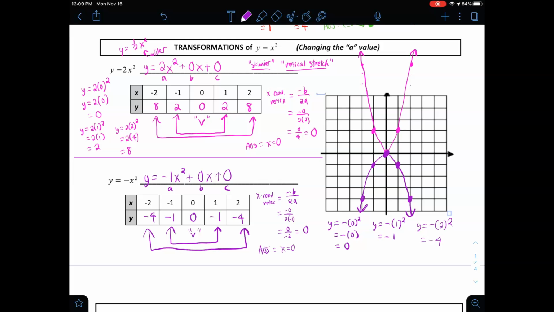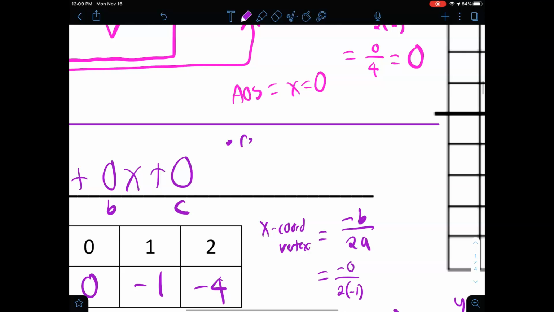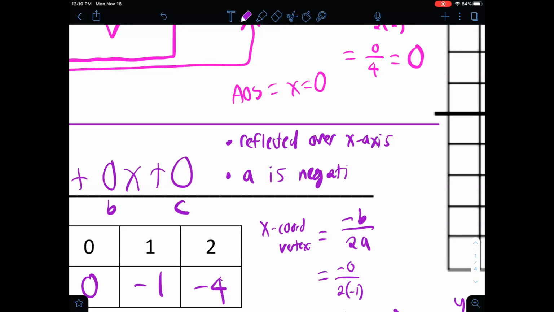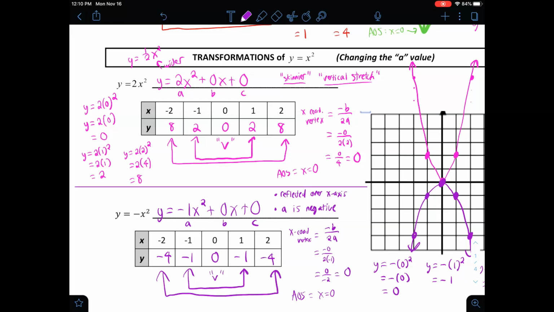So what happened between this graph and the parent graph is it's reflected over the x-axis, and also, a is negative.